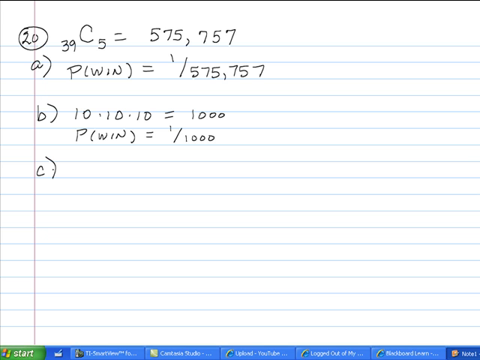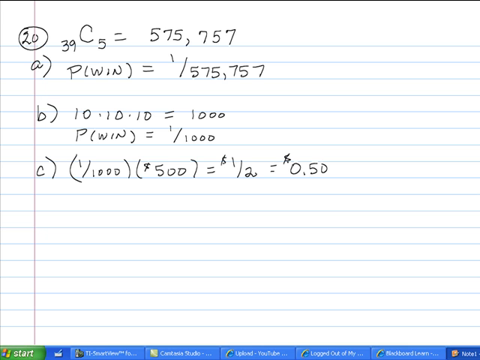So what I like to do is I look at the probability times the amount won. So if we look at the probability of winning times the $500 won, that gives us 1/2. 500 over 1,000 would be 1/2, and that's 1/2 a dollar, or thinking of it the way we normally think about money, $0.50.